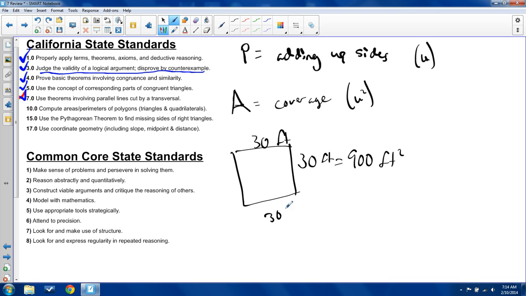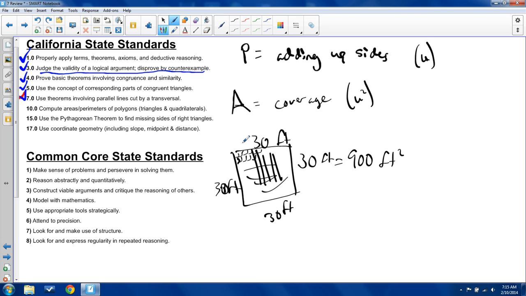Now the perimeter, you can tell, is obviously different. You add up the sides, and here's how I'd think of it. Let's say that each tile in the room is 1 foot across. And you want to walk across all the tiles.